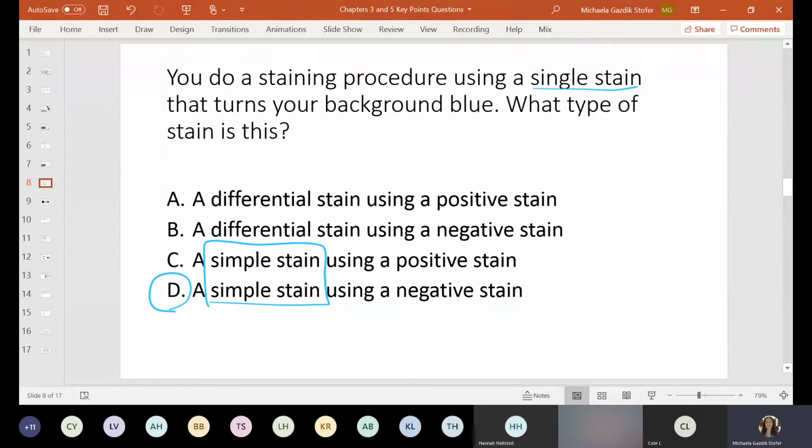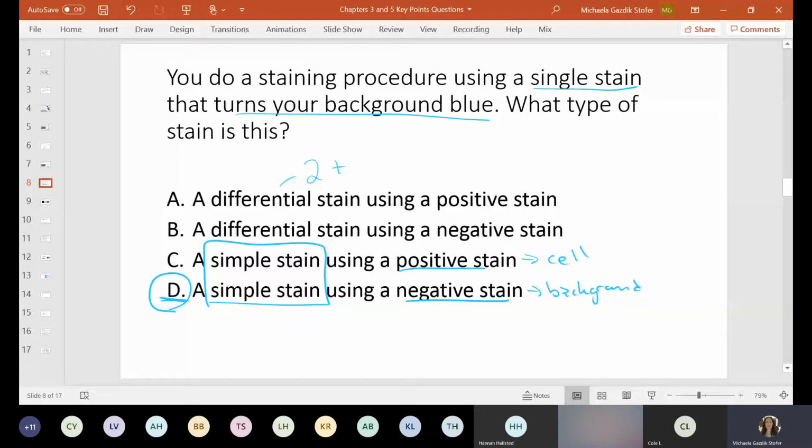Simple staining procedures use one stain. Differential staining procedures use at least two different stains so you can tell things apart from each other. And then positive stains stain the cell, negative stains stain the background. And so we've turned the background blue, so that tells us the answer to this one is D.